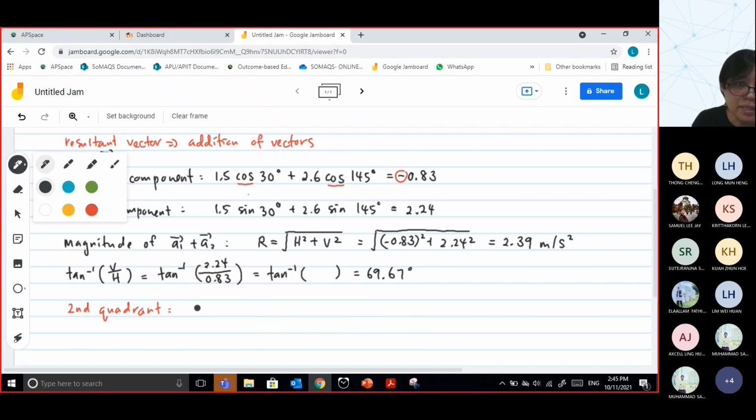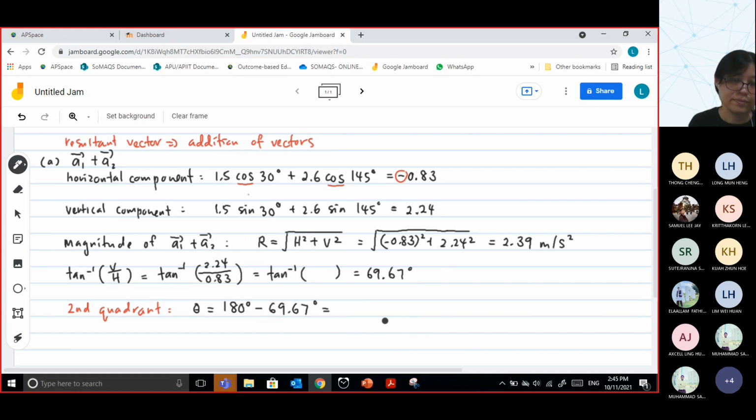The theta equals 180 degree minus 69.67. So it should be 110.33, yes. So this is the angle.